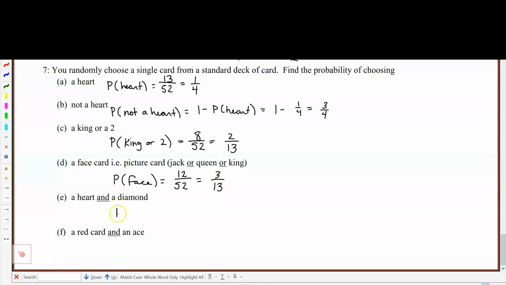The next probability. What's the probability that the card that is pulled from the deck is a heart and a diamond? Keep in mind, you're only pulling 1 card at this point. So out of the 52 cards in the deck, how many of them satisfy being a heart and being a diamond?